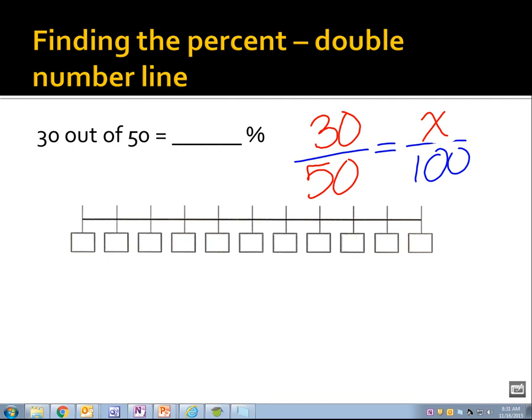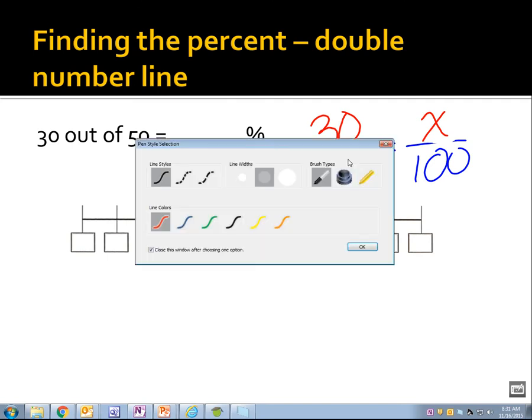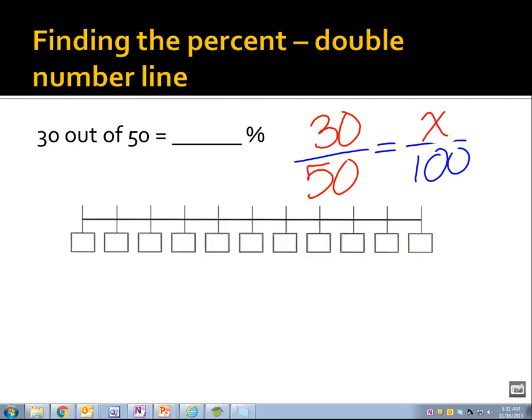Now, once again, we are going to cross multiply, and I'm going to do highlighter again. I'm going to multiply those two together equals the multiplication of those two together.